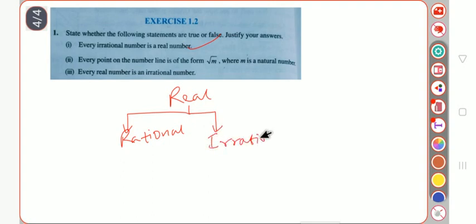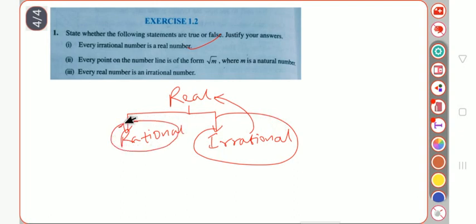So all irrational numbers will be real numbers, because rational numbers are the son of real numbers, and irrational numbers are also the son of real numbers. Son means putra, beta. So all the irrational numbers are real numbers and all the rational numbers are also real numbers. So this statement is true, because all irrational numbers are real numbers.